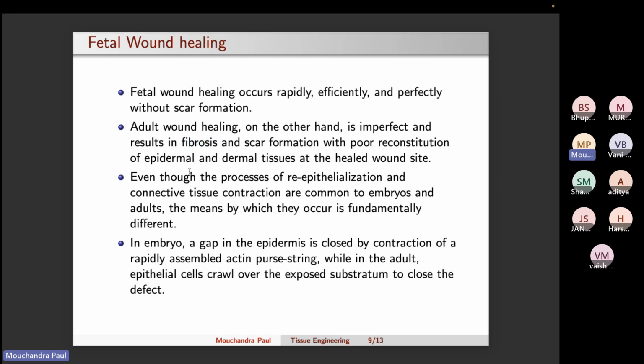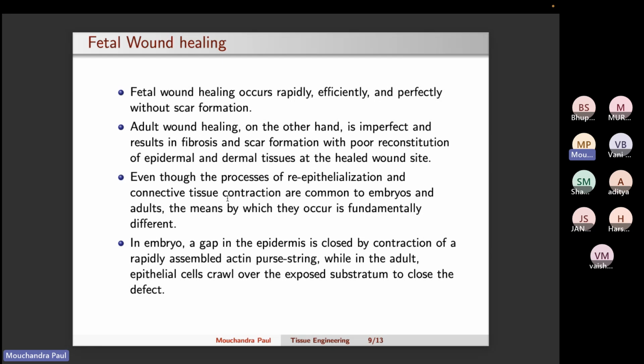Now, even though the processes of reepithelialization, meaning the formation of the epithelial layer, which we have seen, where the keratinocytes crawl over the granulation tissue and proliferate, divide and crawl until keratinocytes from both ends meet. So this is reepithelialization.